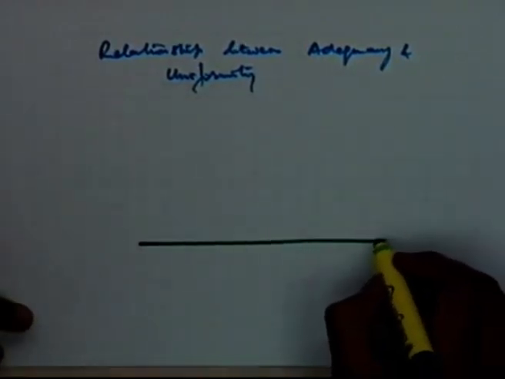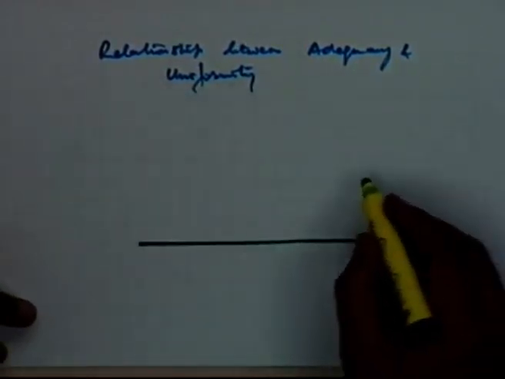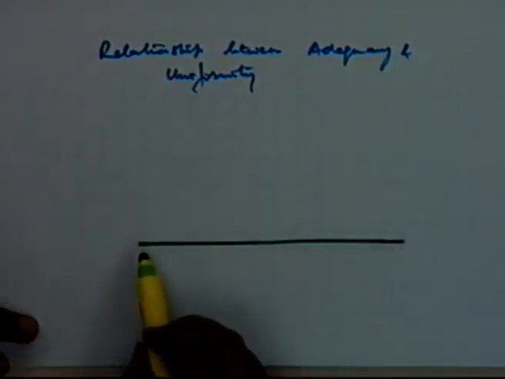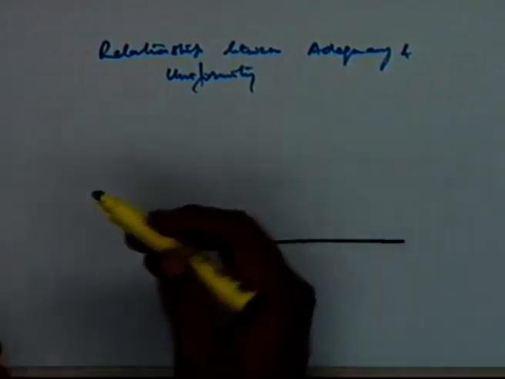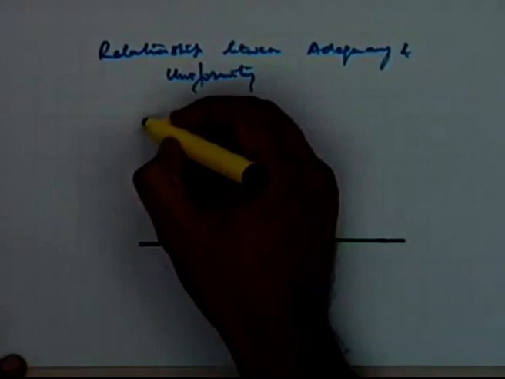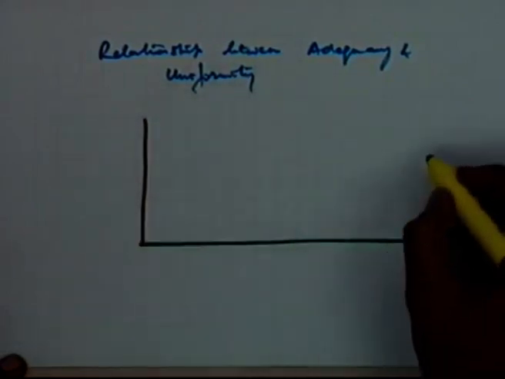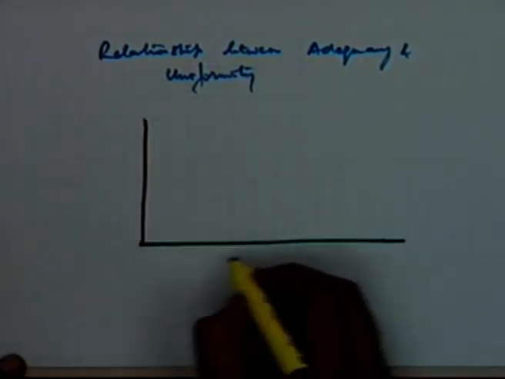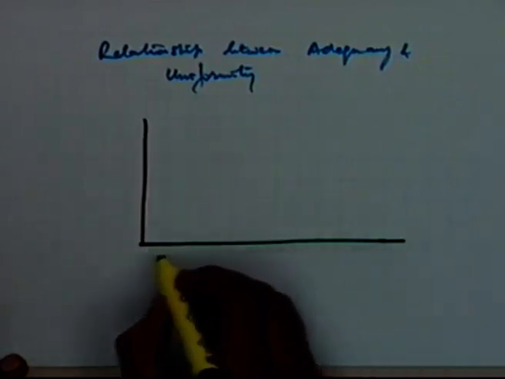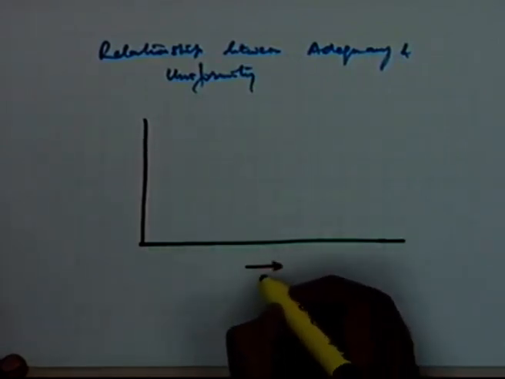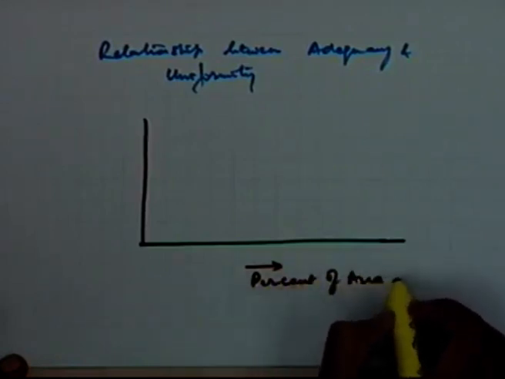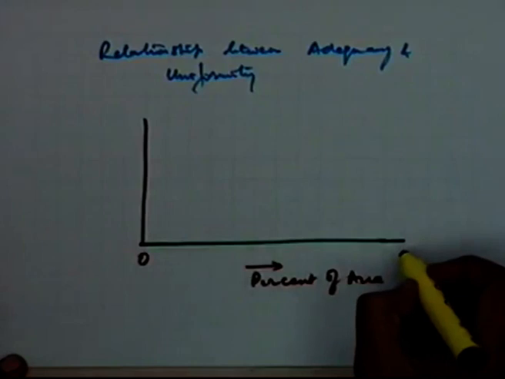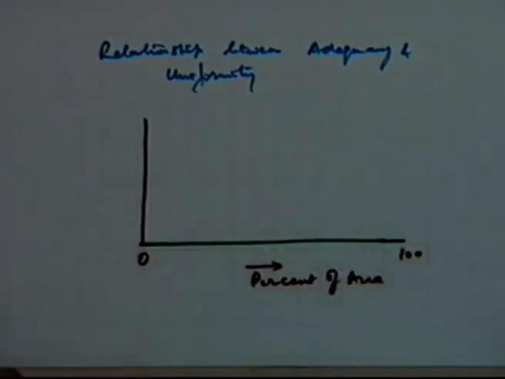we will explain this through another graphical presentation. Let's assume that this is a field where I'm expressing this as percent of area. This is 0%. You see this as 100%.